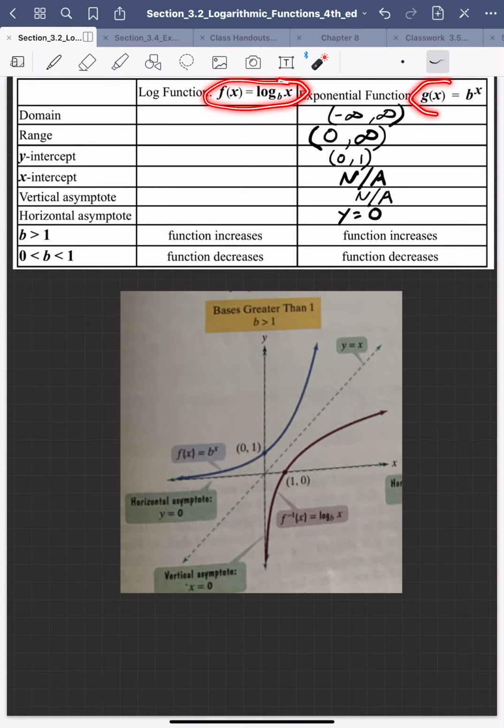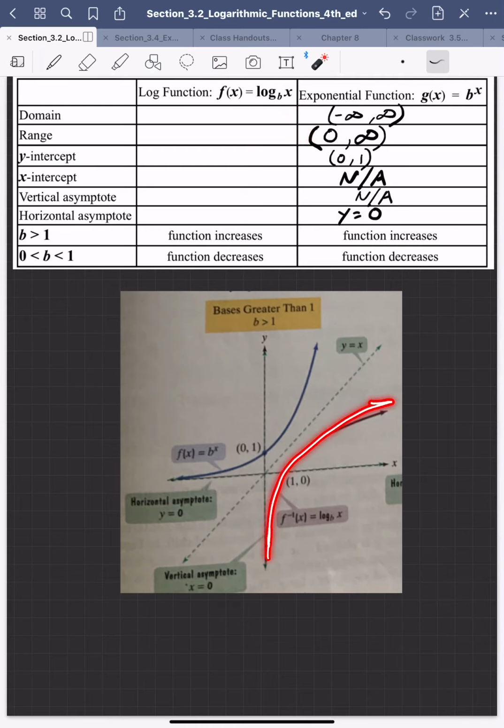And if you recall, when you have an inverse function, the x and the y just trade places. So the range of the exponential function is the domain of the log, and the domain of the exponential is the range of the log.